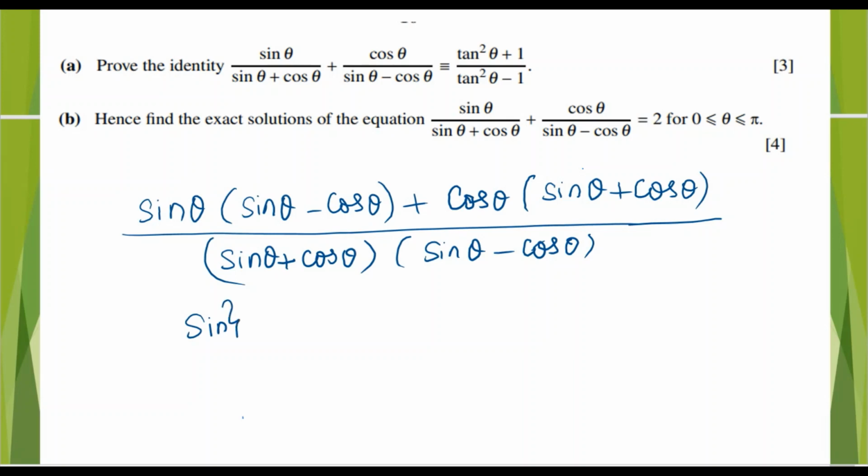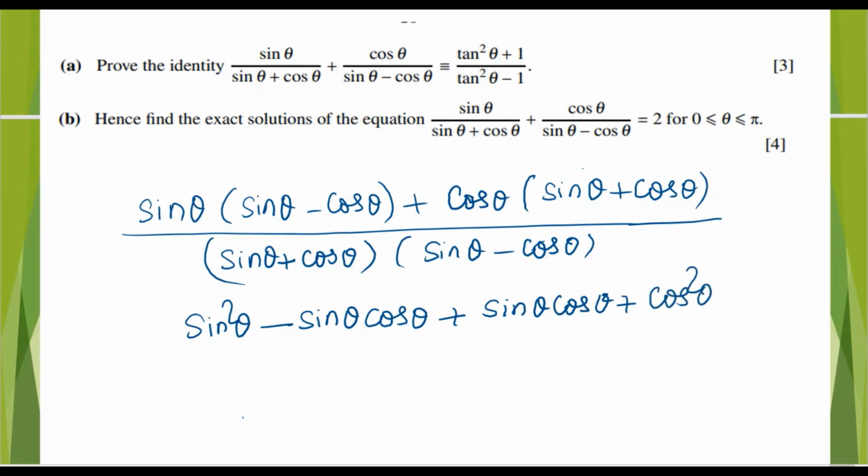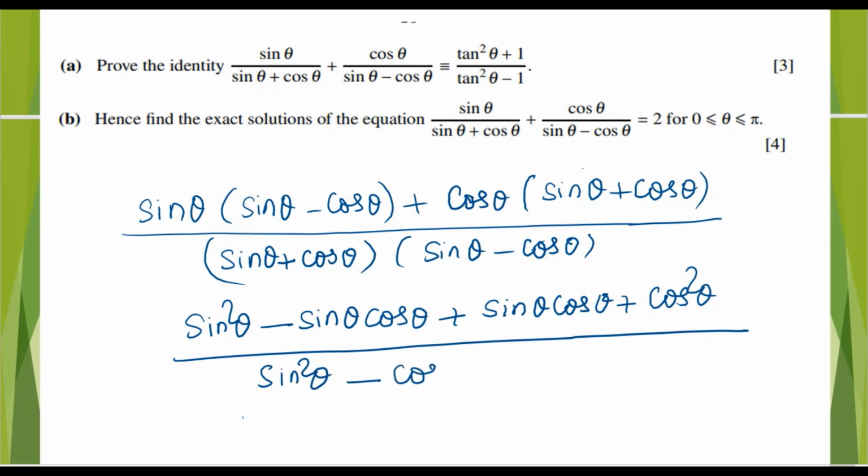So sin square theta minus sin theta cos theta plus sin theta cos theta plus cos square theta, divided by the denominator. So sin theta plus cos theta multiplied by sin theta minus cos theta is nothing but sin square theta minus cos square theta.